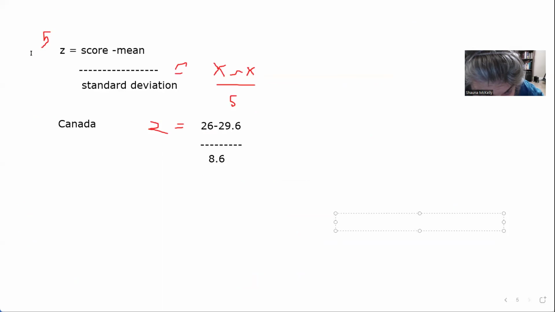I'm going to erase this. This is 26 minus 29.4 over 8.6. When you put this in your calculator, make sure to put parentheses around the numerator.